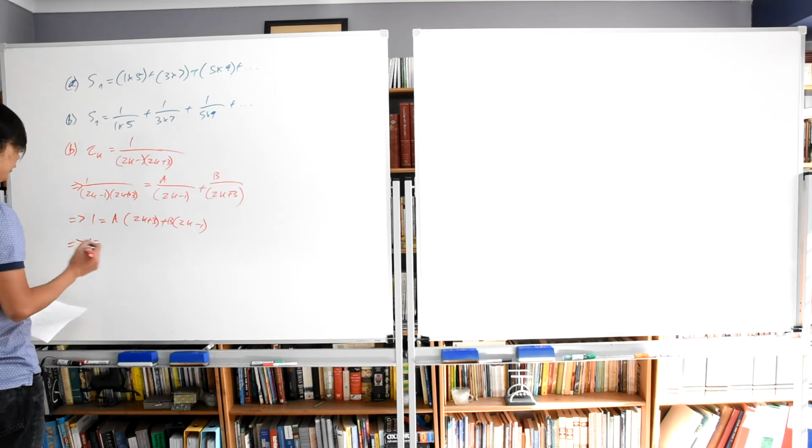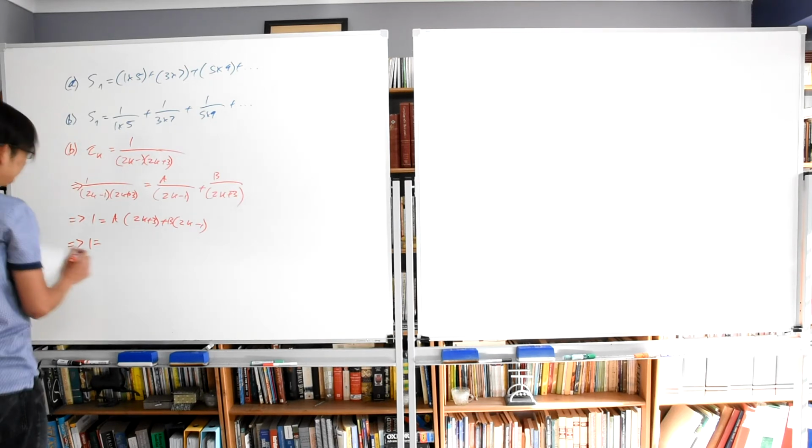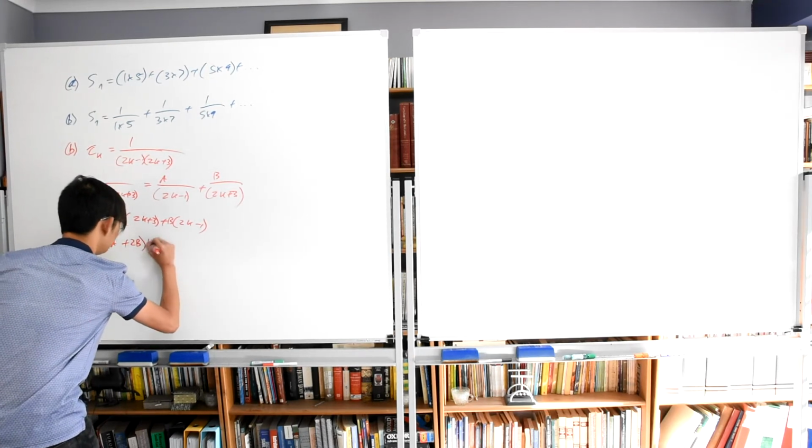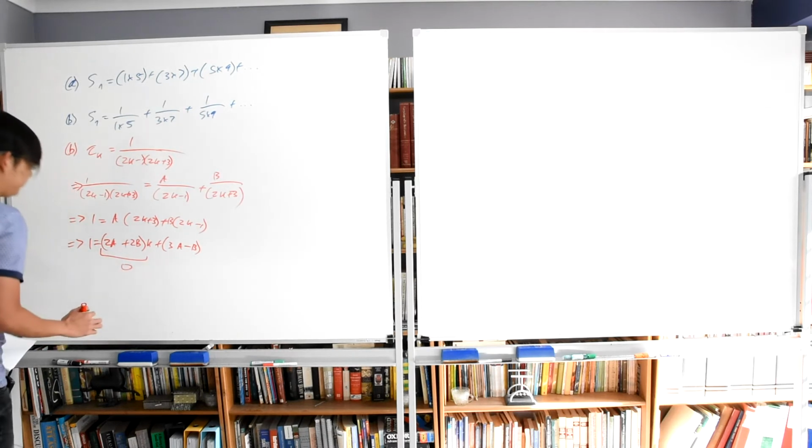We're going to do something called equating coefficients. On the left hand side, we only see a 1, we don't see a k. Hence, this part here must be 0.